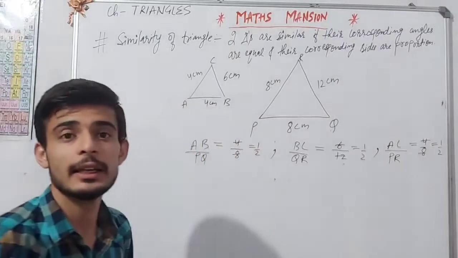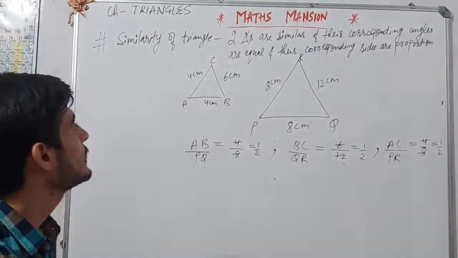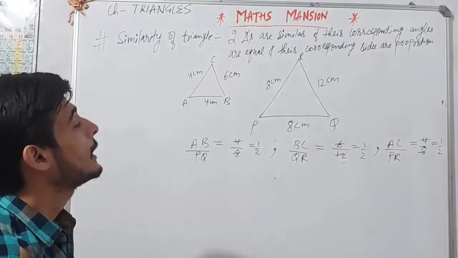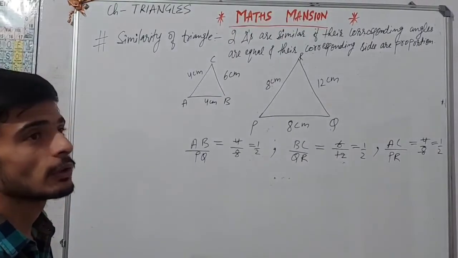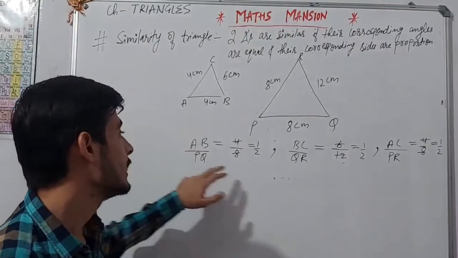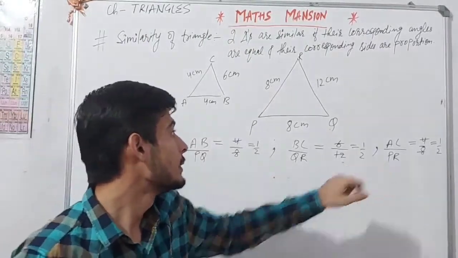So we can say that the corresponding sides of triangle ABC and the corresponding sides of triangle PQR are in the same ratio, that is equal to 1 by 2.